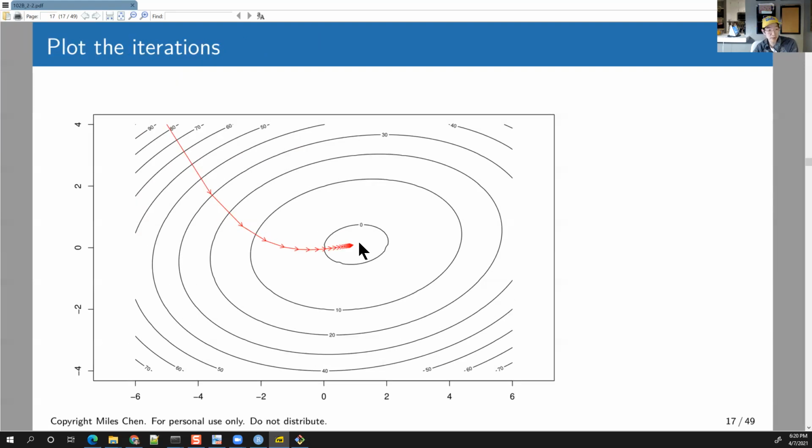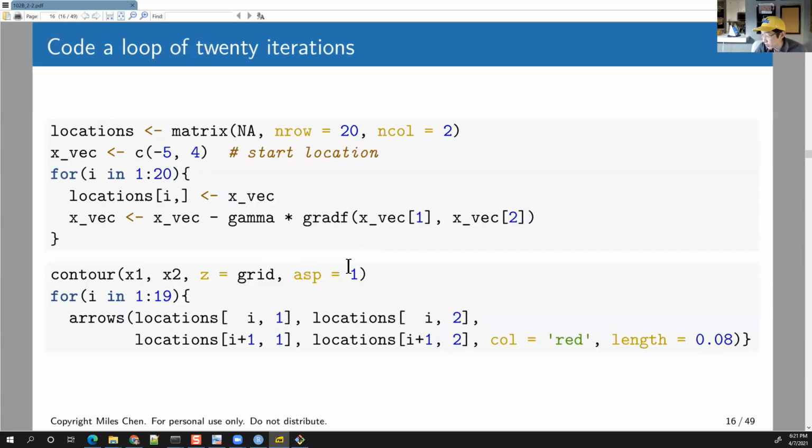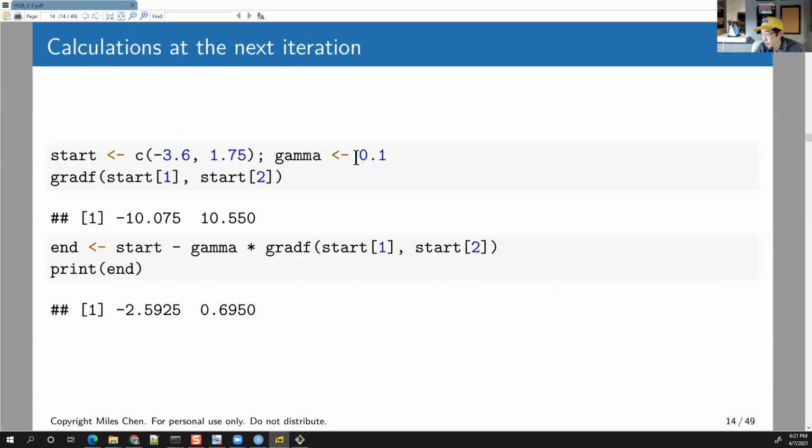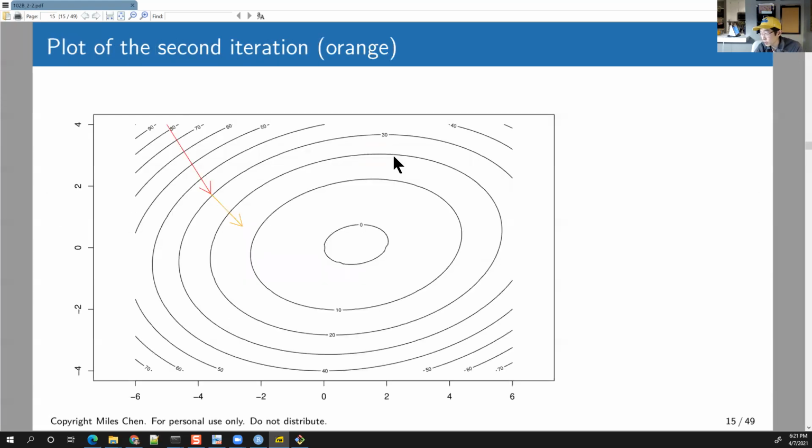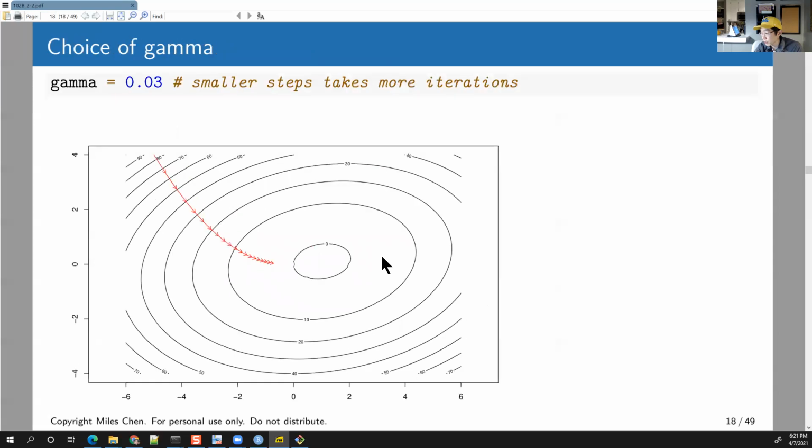Is that okay? Here I arbitrarily selected gamma to be 0.1. We could select different values of gamma. Here I could choose a smaller gamma of 0.03, and it works kind of the same, except my steps are smaller, so it'll take you longer to get to the bottom.